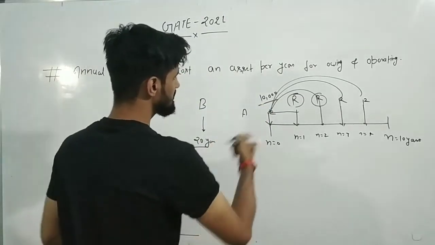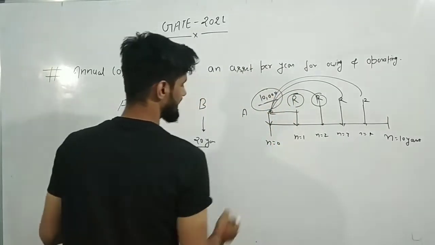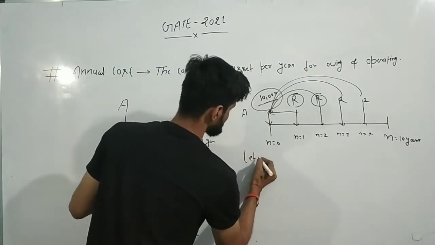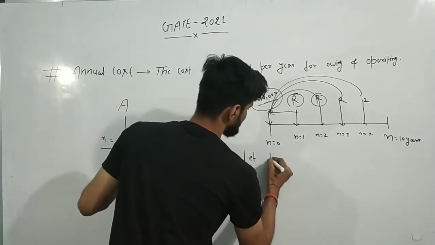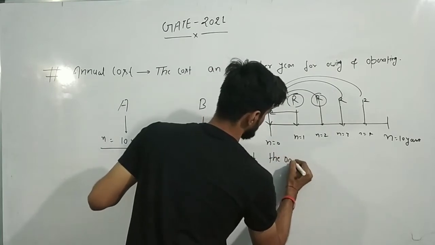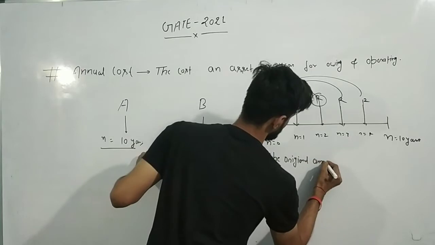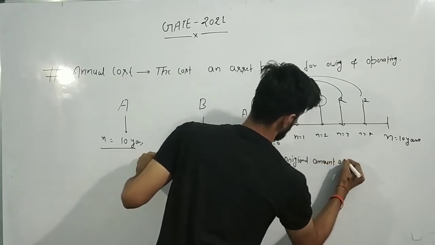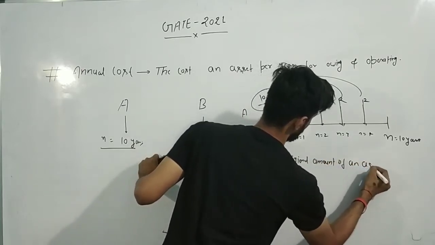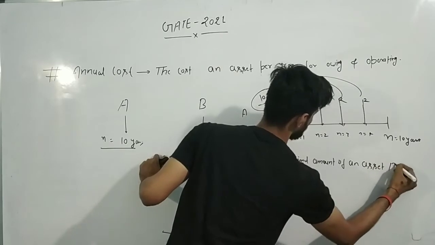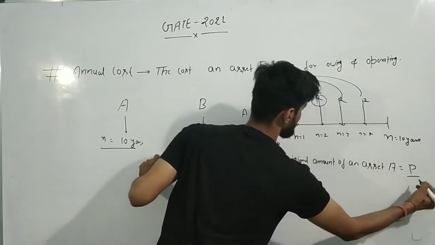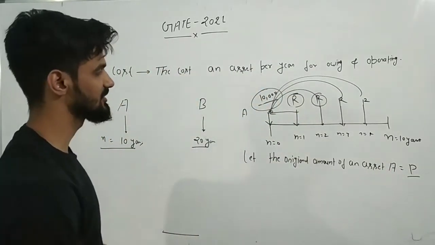If you want to calculate, let's suppose, let the original amount of an asset A be equal to P. I am assuming the original amount of asset A is equal to P.